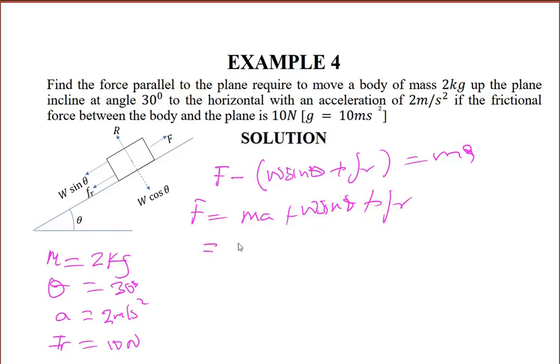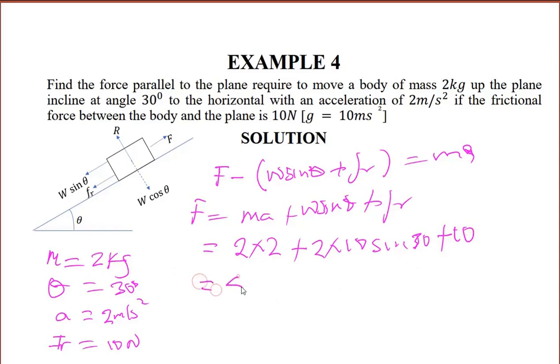So mass is 2 times acceleration, which is also 2, plus W, which is mg, mass times acceleration due to gravity, sine 30, plus the frictional force, which is 10.